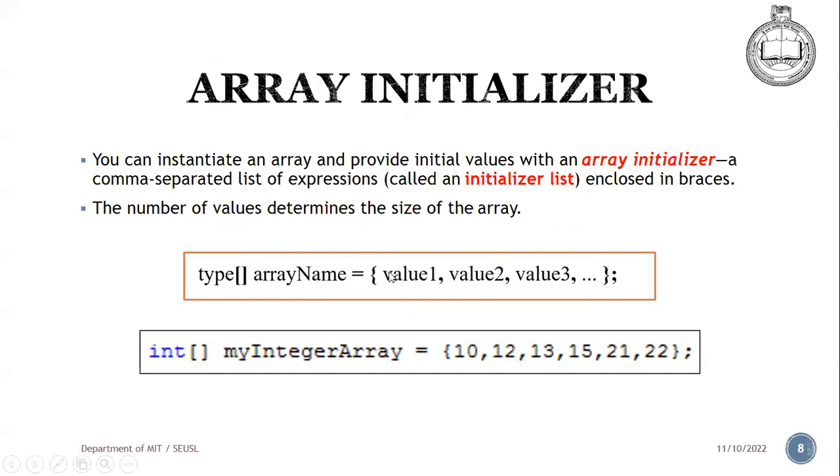The values are passed as a comma separated list of expressions within enclosed braces. So they are not the same, and this is the difference. Is that clear now?